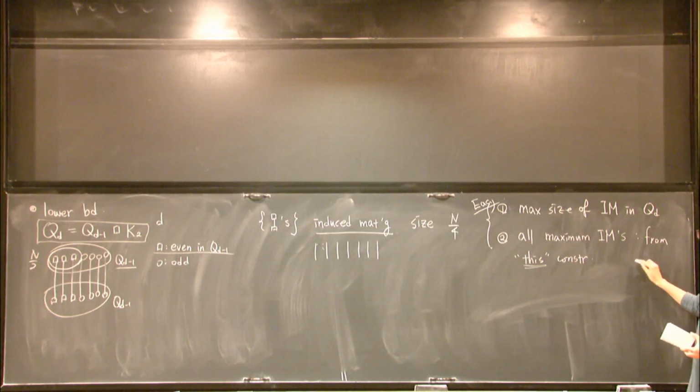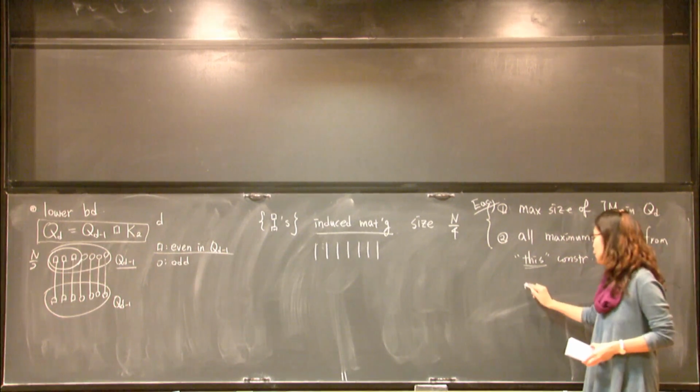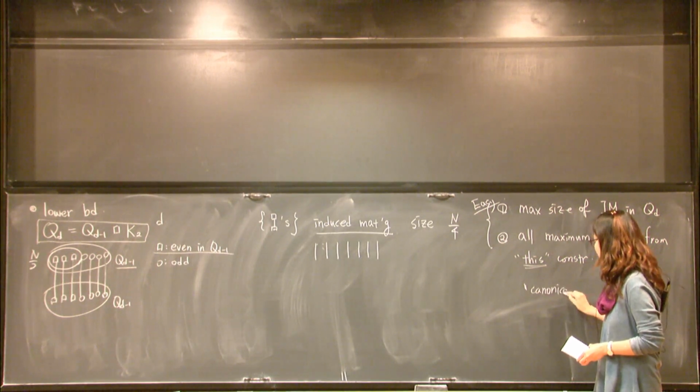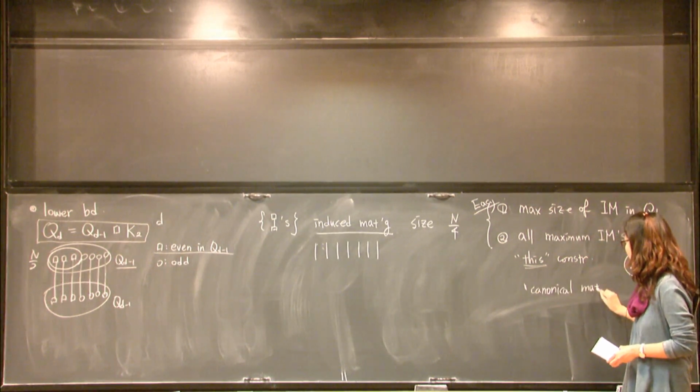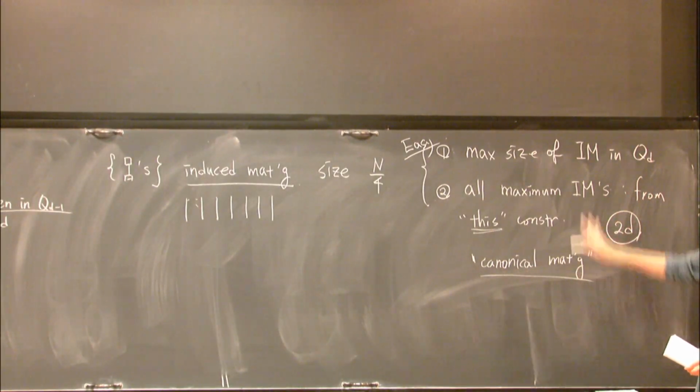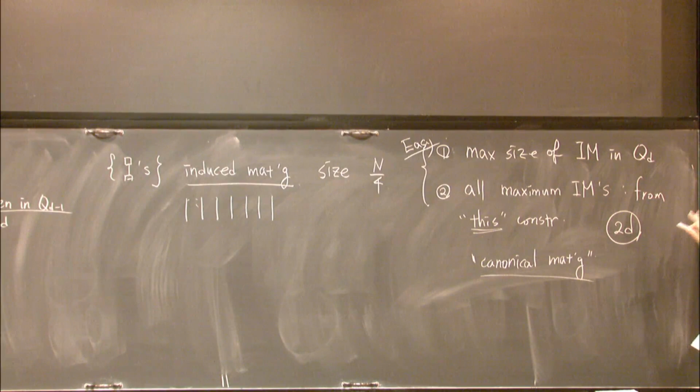So there are exactly 2 times d maximum induced matchings in the Hamming cube. In our paper, we call those maximum induced matchings canonical matchings, and there are exactly 2 times d of them.